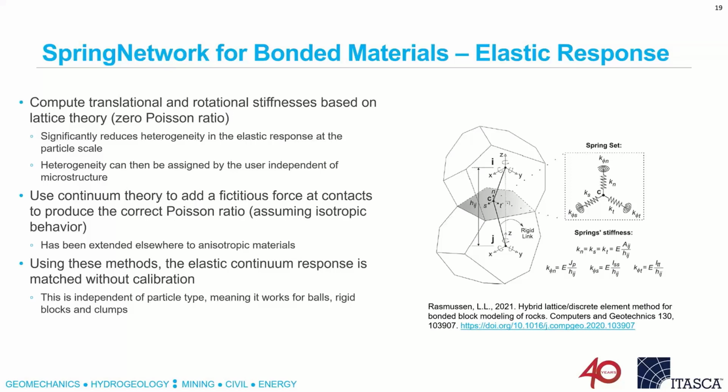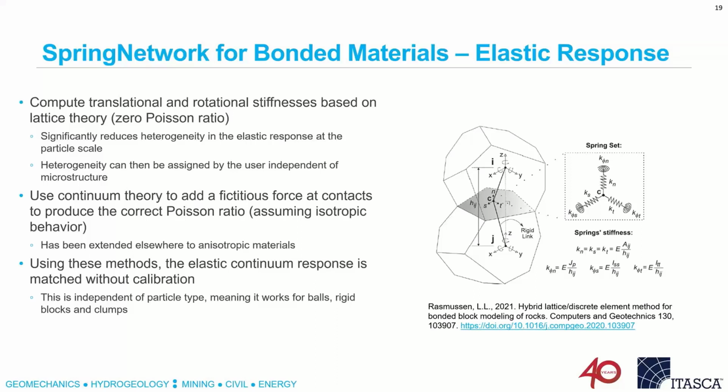One of the important additions to PFC 7 is the additional capability represented by this spring network paradigm. What this allows you to do is create bonded materials where no calibration is required for elastic response.